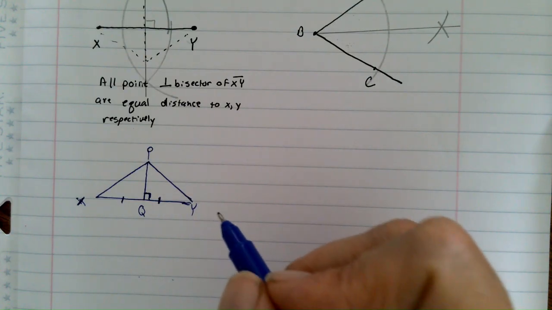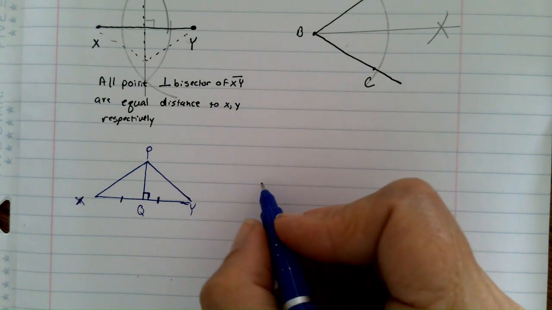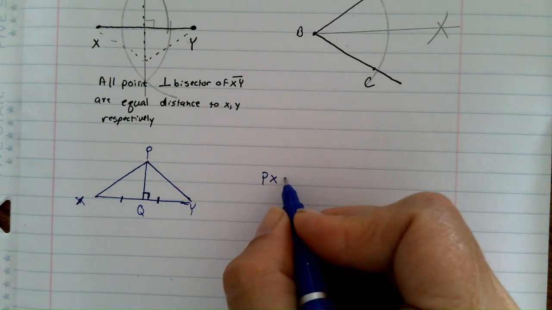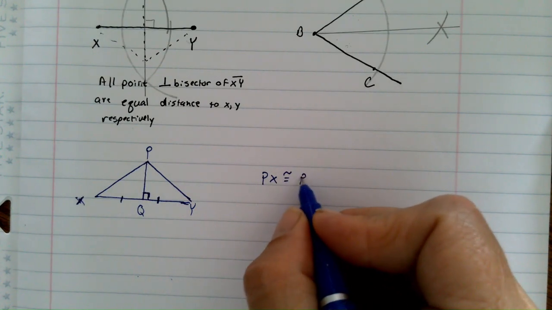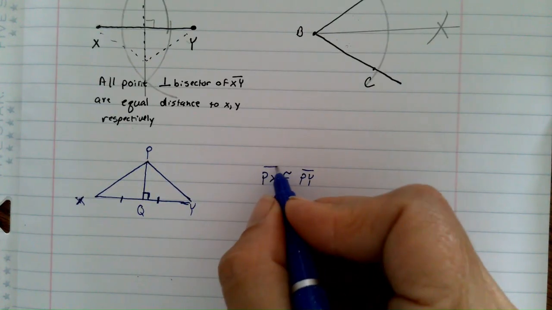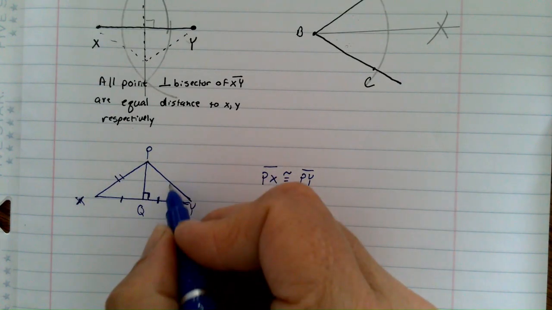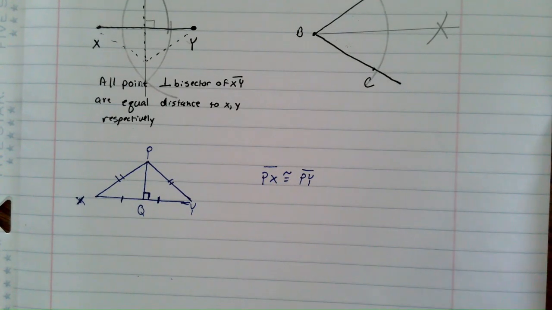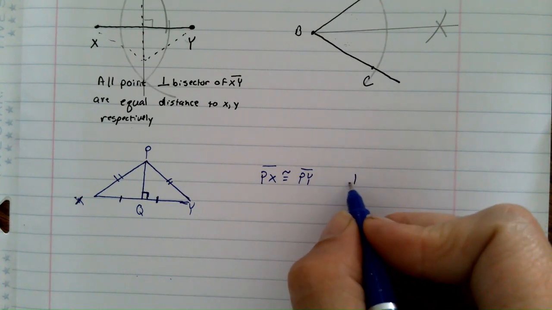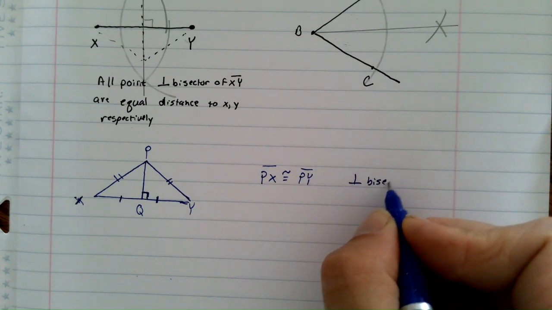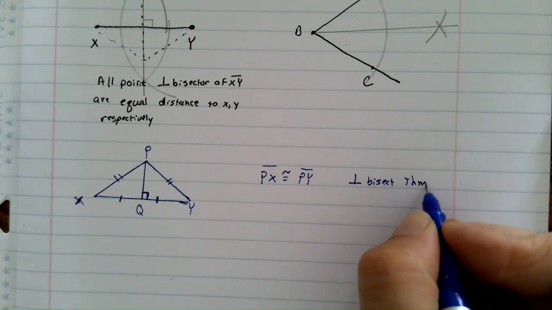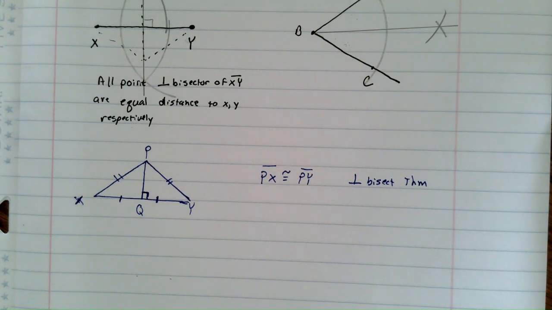And because we have a perpendicular bisector, we could say PX is congruent to PY. We can say this now. Why? Because of the perpendicular bisector theorem. Point P would have to be equidistant because it's on the perpendicular bisector.